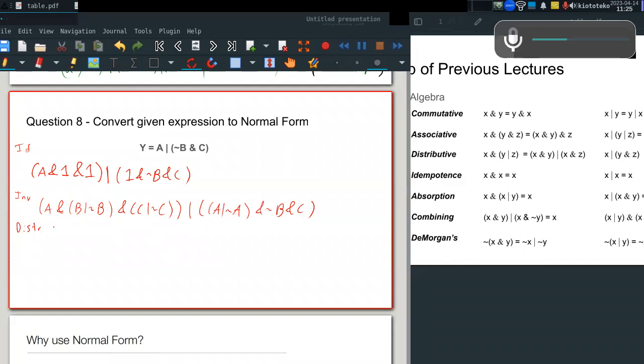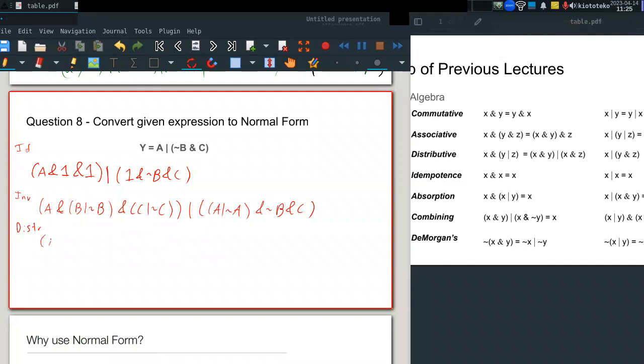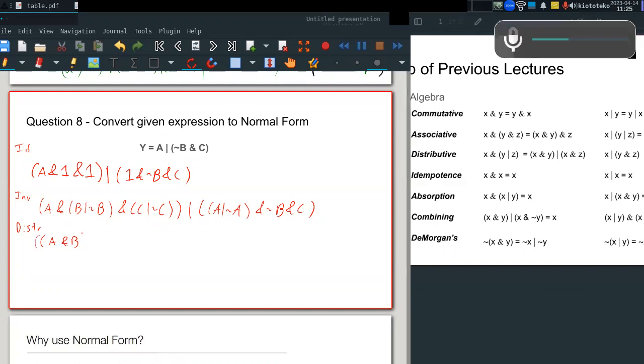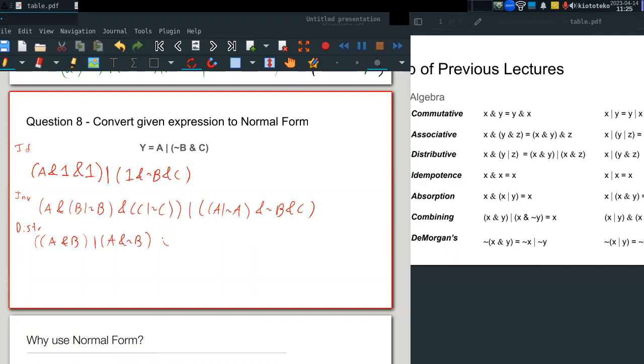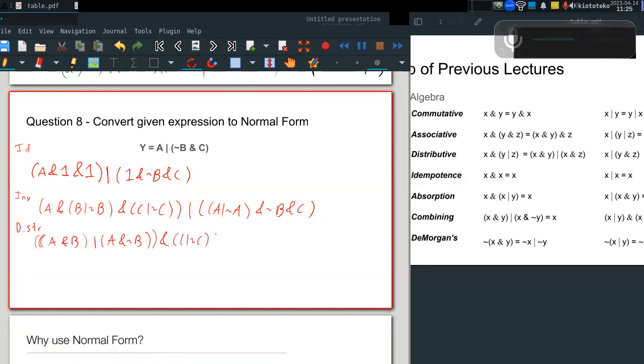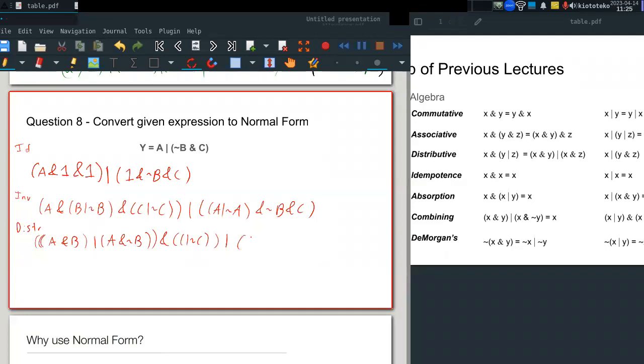We have, first of all, A and B. Let's put this here. A and B, or A and not B, and all these ands with C or not C, or we apply distribution here.